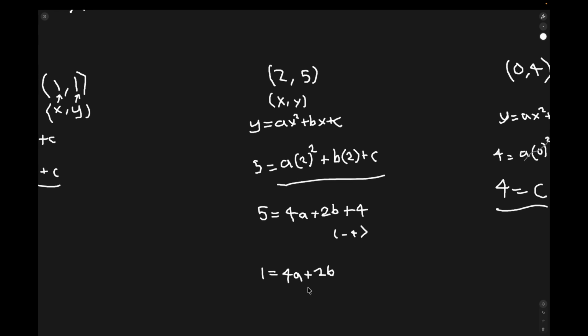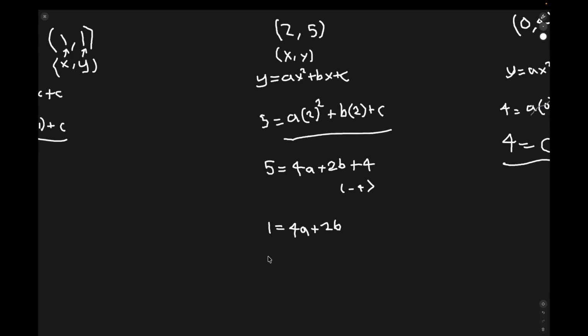Now let's solve for b. We're going to have b on one side and everything else on the other side. So 1 minus 4a, because we minus 4a from both sides, is equal to 2b.